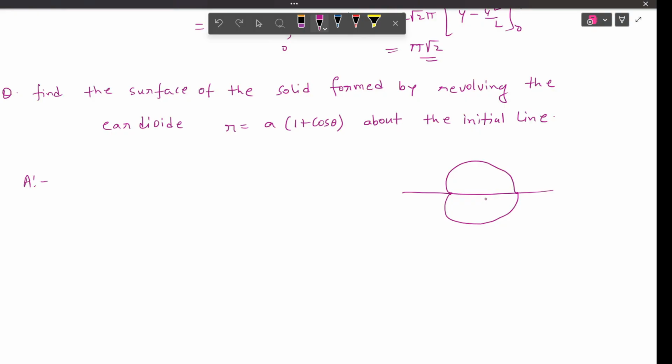So I think we have come to know what a cardioid is. Now see, this cardioid is symmetric about the line OX, the initial line.